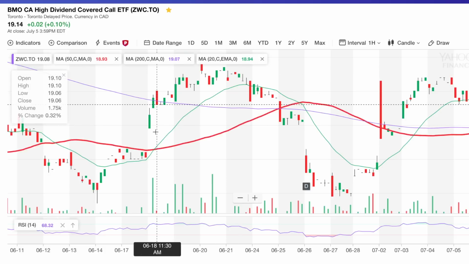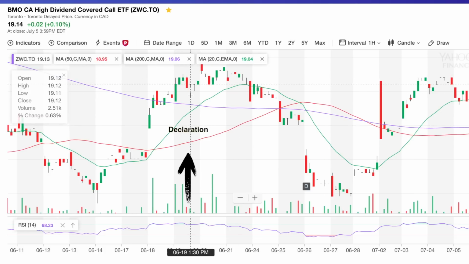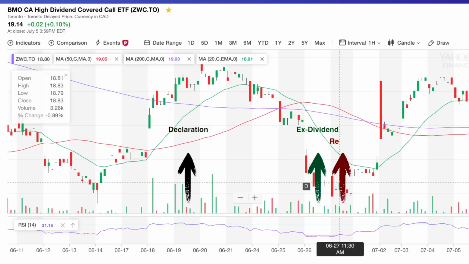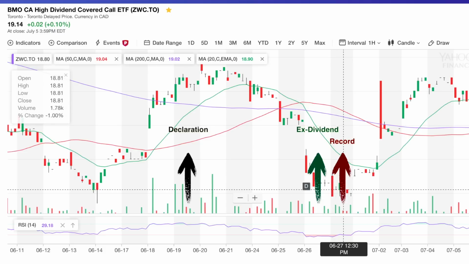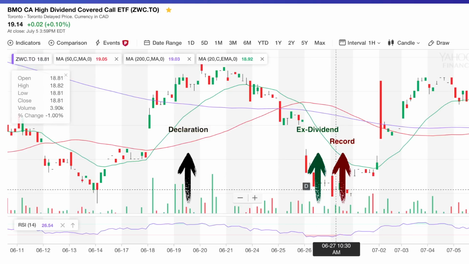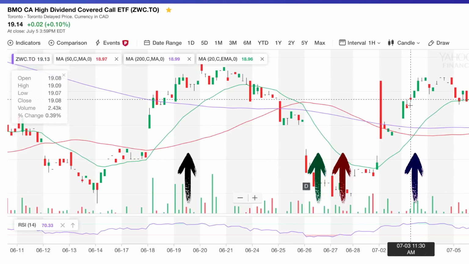So just looking quickly at that chart, we'll just pop those on here. We have the declaration date, which is the 19th. We have the ex-dividend date, which is the 26th. Then we have the record date, which is the 27th. And this is the day that the list comes out for the shareholders that actually own on this day. And then we have the payable day, which was July 3rd.